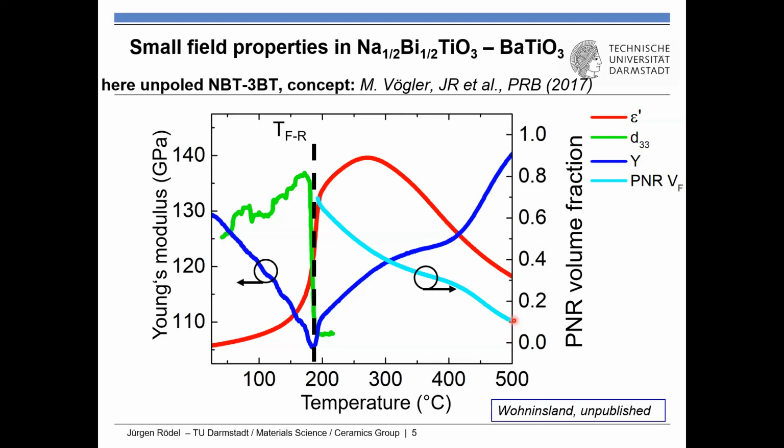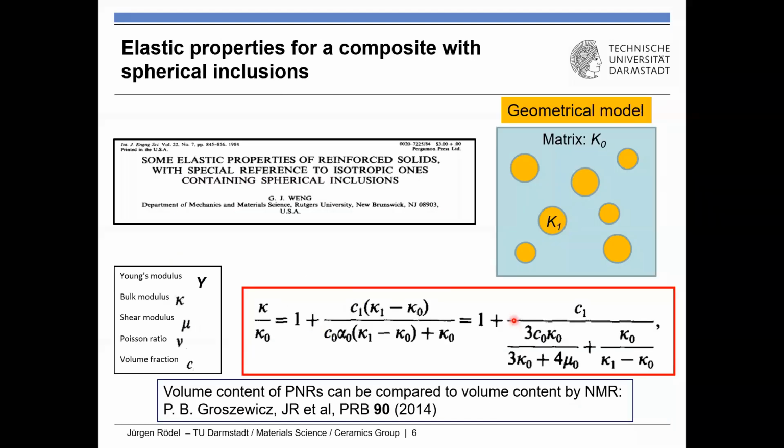Now, how to do this? It's actually very simple because mechanics in the small signal is pretty simple. This is the geometrical model. Of course, you can argue about a geometrical model. I say that polar nanoregions are something like that.